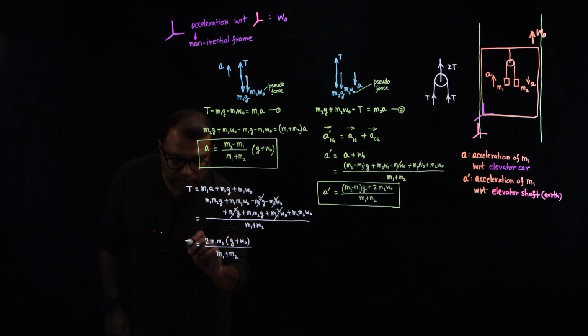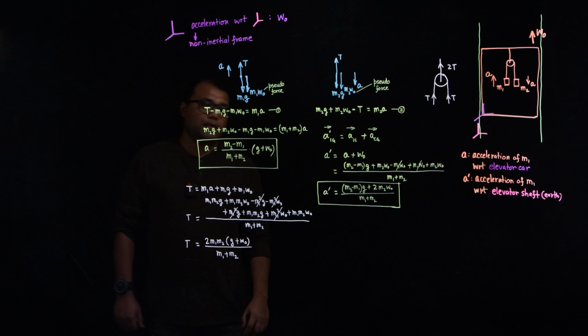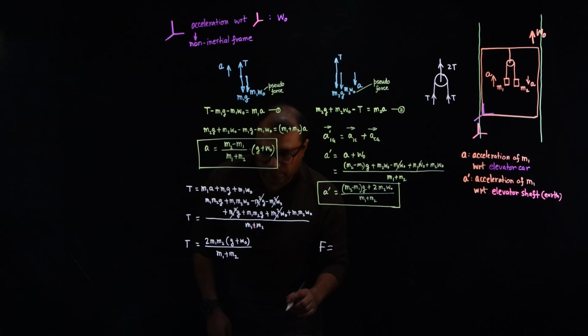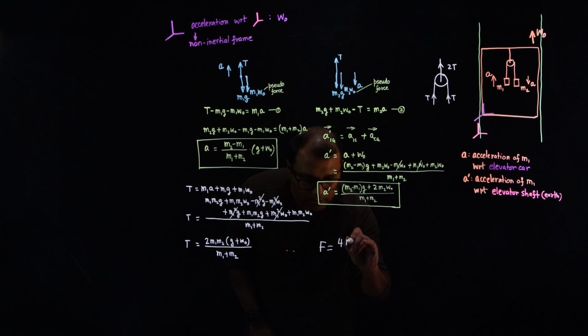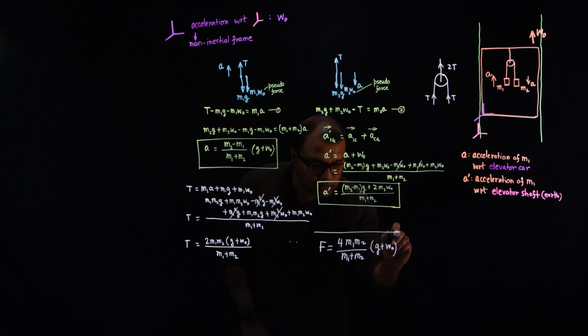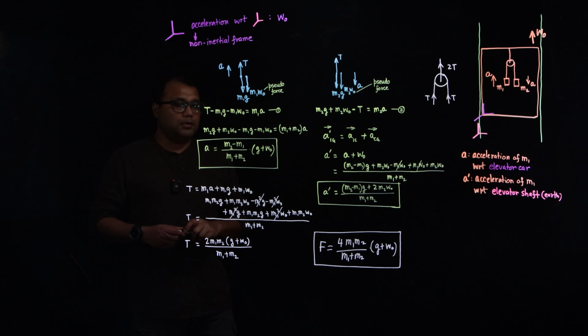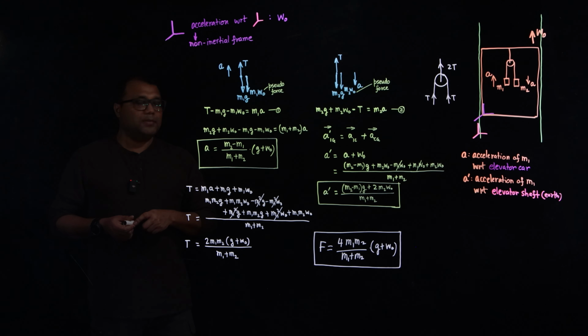Okay, so this is the value of tension. So the force is 2T, so that will be 4 m1 m2 by (m1 plus m2) times (g plus w0). So that's the force exerted by the pulley on the ceiling of the elevator. Okay. So that's our solution.